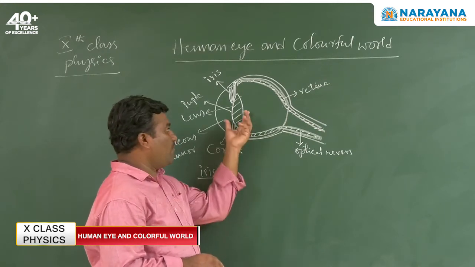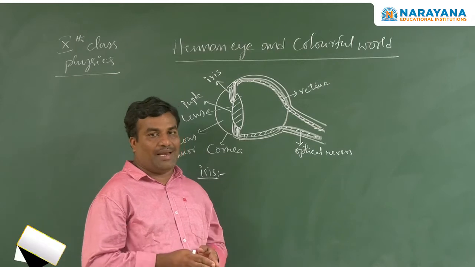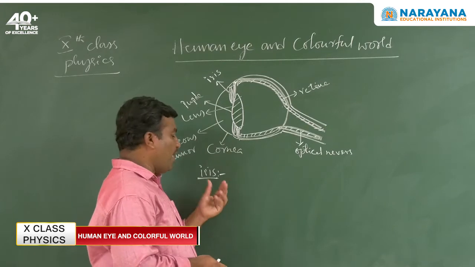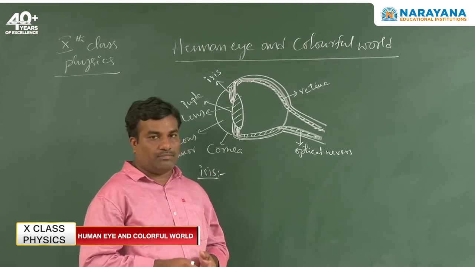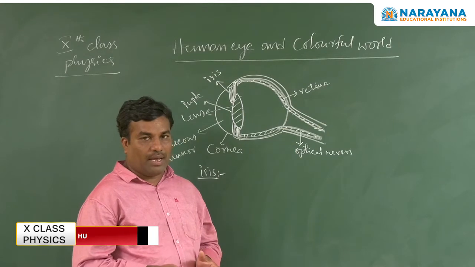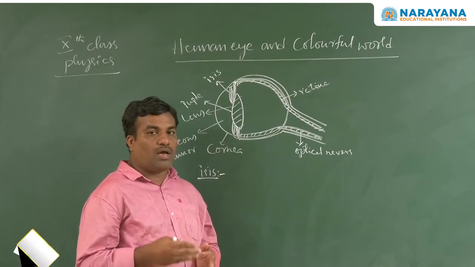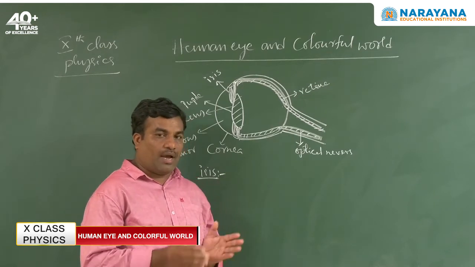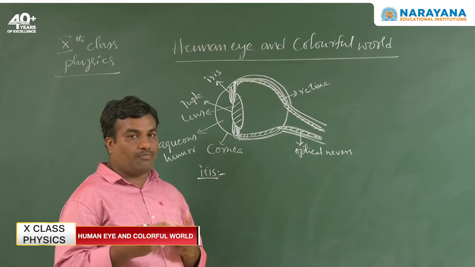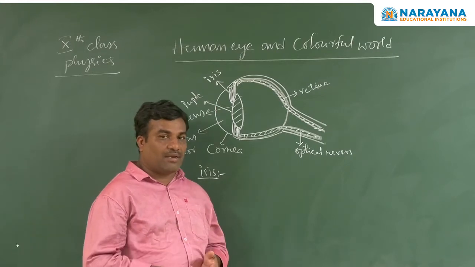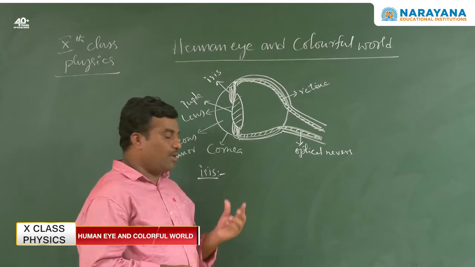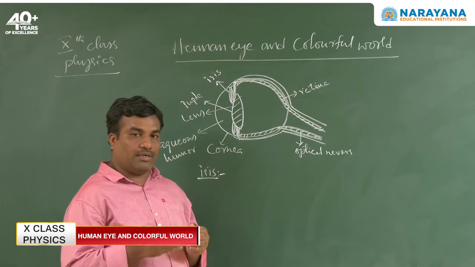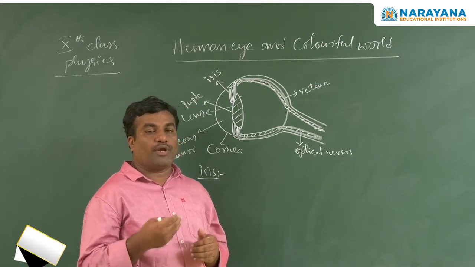Next, when you see dull light or low intensity of light, the iris makes the pupil expand and allows light into the eye. When we are getting excess or bright light, the iris contracts the pupil and does not allow it to go into the eye.